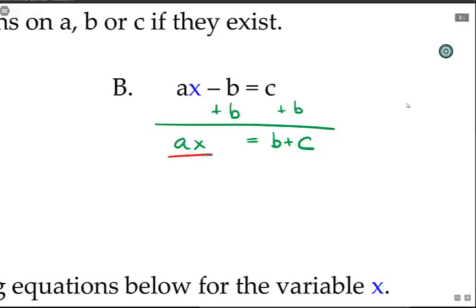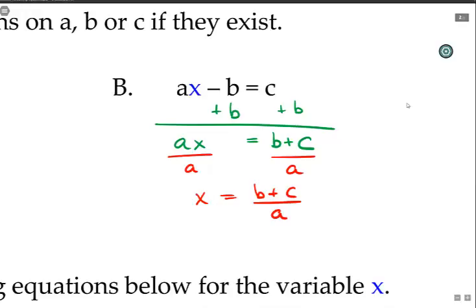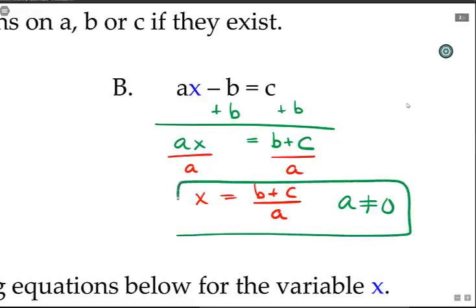Our final step would be to divide both sides by a, and that gives us x equals b plus c divided by a. We have a variable in the denominator, so think to yourself, what value would make that equal to 0? Well, very simply, a cannot be 0, because if it was, the problem would not be able to be solved. So remember, on these problems, you're going to have to both solve and give the restrictions.